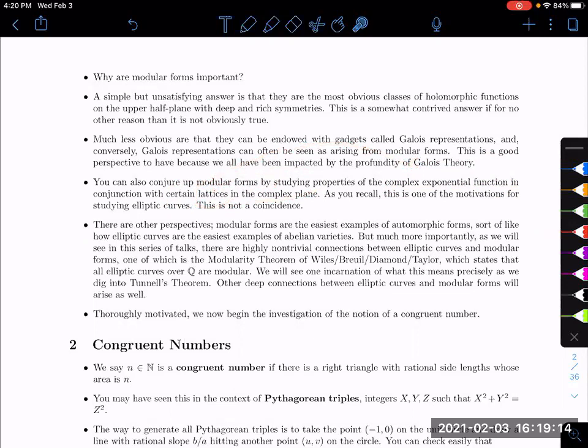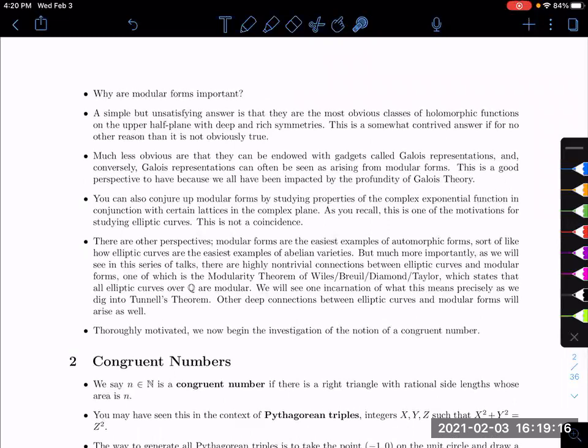And I also want to make a point here. Lattices were one of the motivations I gave for elliptic curves being important. And it's actually no coincidence that lattices also show up as a motivation for why elliptic curves are important, because there are very deep connections between elliptic curves and modular forms.